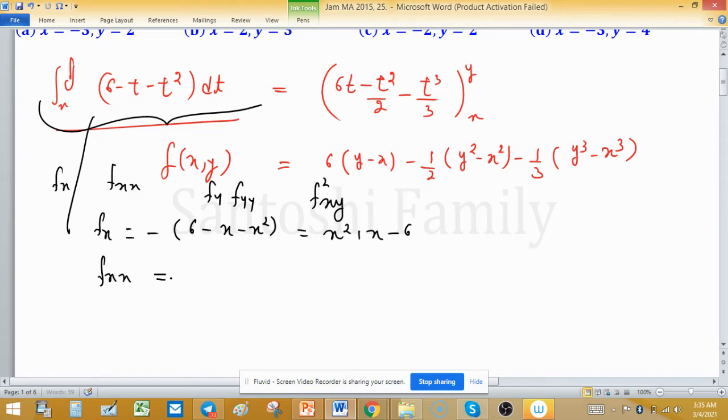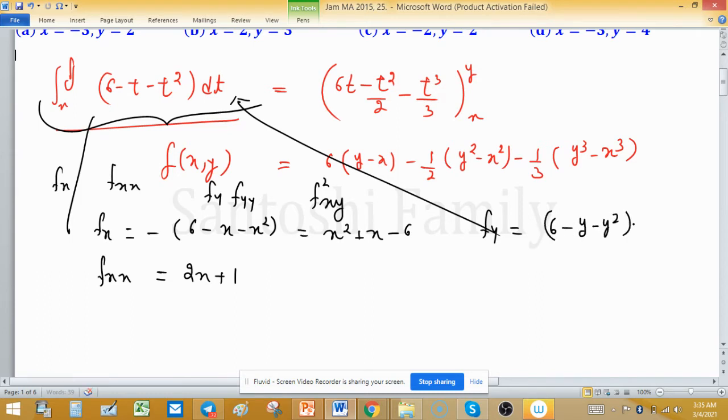From this, fxx will be 2x plus 1. Now fy: replace t with the upper limit y, 6 minus y square, and the product with its derivative, which is 1.